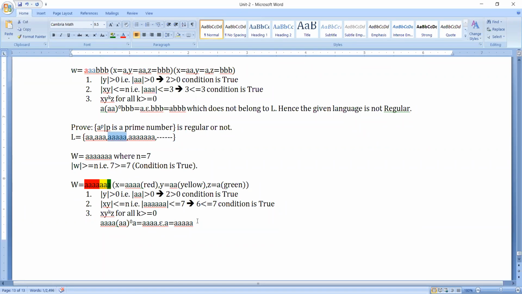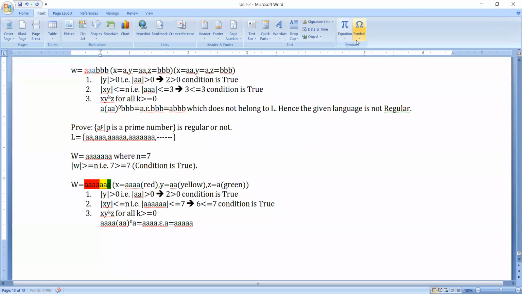Yes. So a power 5 belongs to capital L. Once we found that when we pumped this y portion 0 times, the resulting string is available in the given language L.